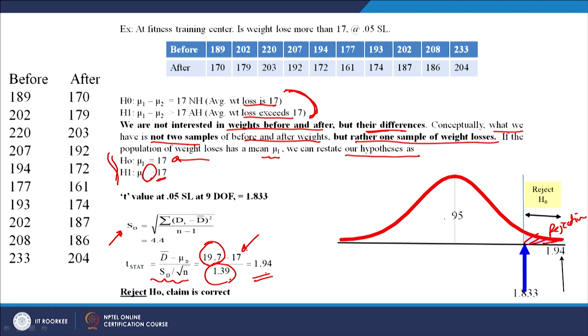So, the calculated t value is 1.90. This is how you should be calculating the t value. So, the t value is 1.90.